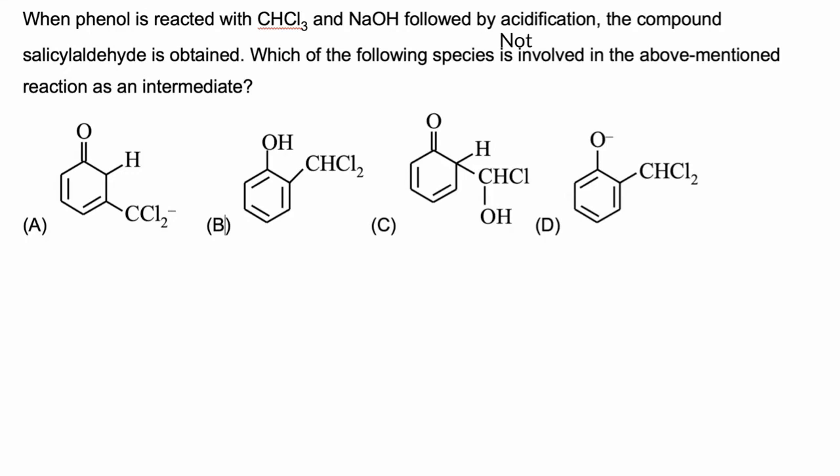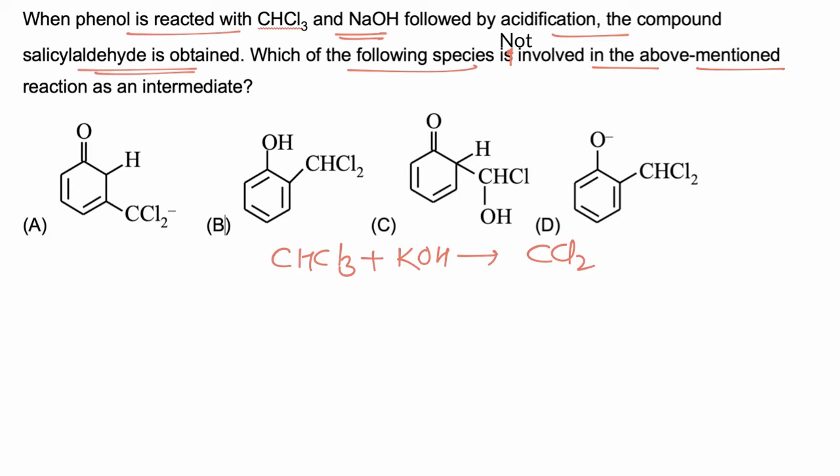In this question we have to find, when phenol is treated with chloroform and NaOH followed by acidification, then salicylaldehyde is obtained. Now which of the following species is not involved in the above mentioned reaction as an intermediate? So first of all, chloroform and KOH react to form dichlorocarbene.